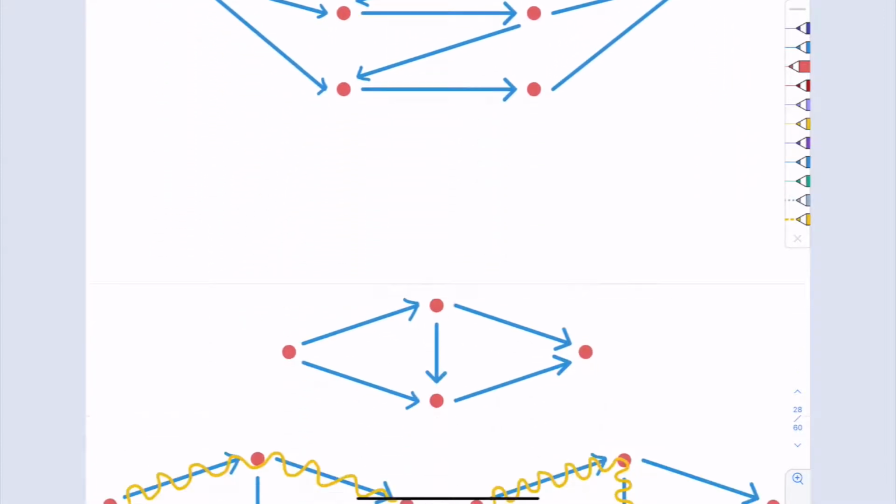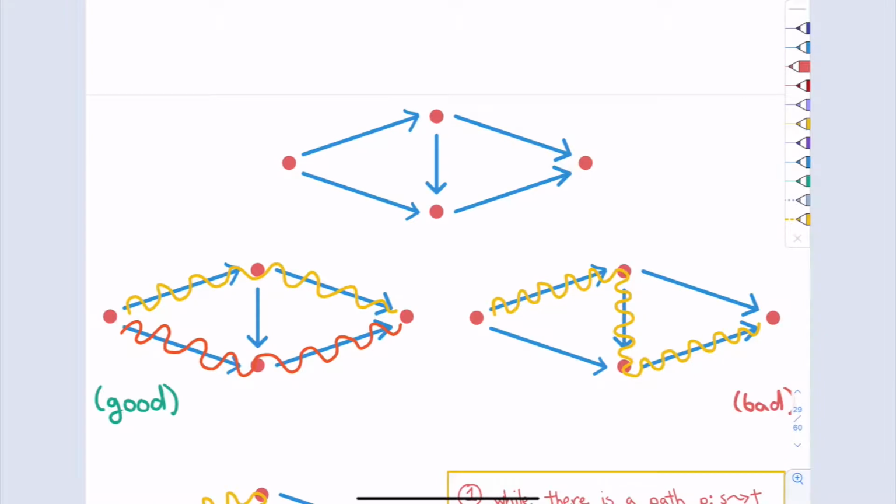Alright, so the greedy algorithm doesn't seem to work, and simple variations like getting the shortest path seem not to work, even on simple examples.